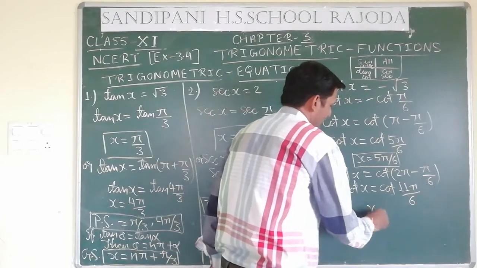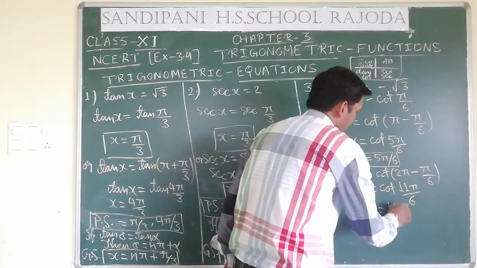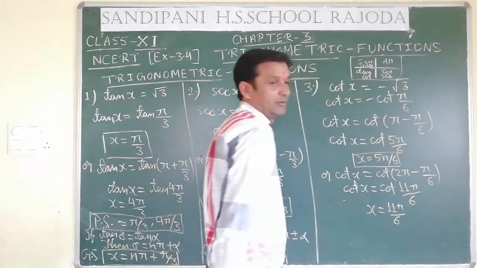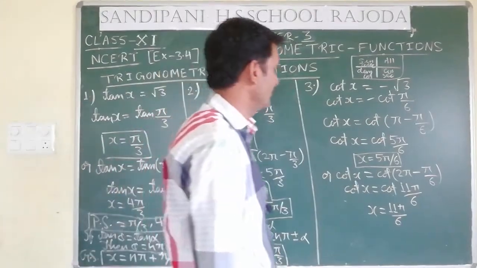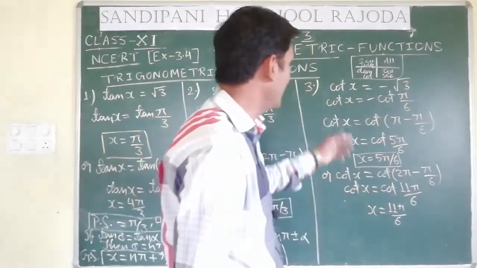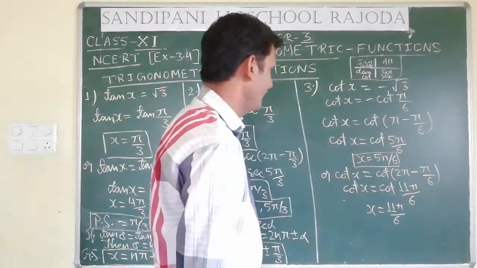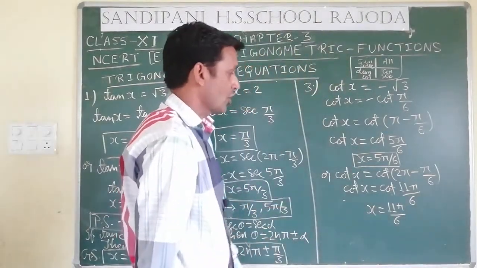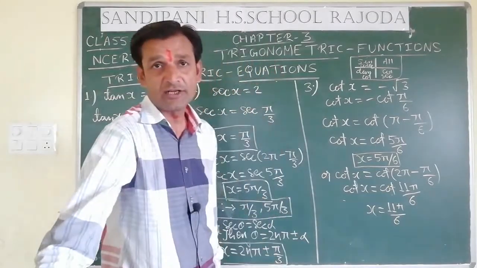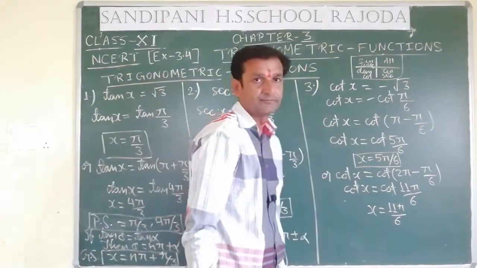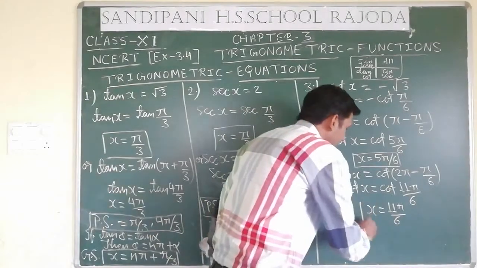So x is equal to 11 pi by 6 is also possible. One more value is possible because cot of minus theta is equal to minus cot theta. So for that we may write it, so x is equal to 11 pi by 6.